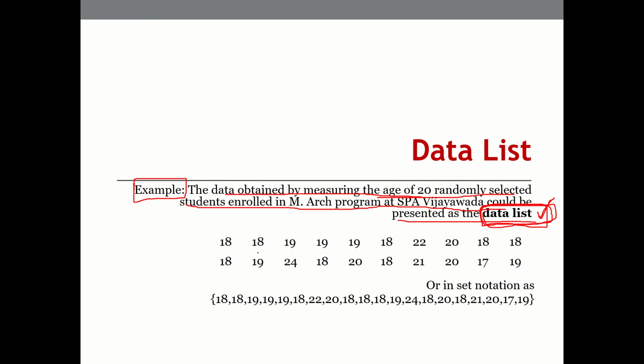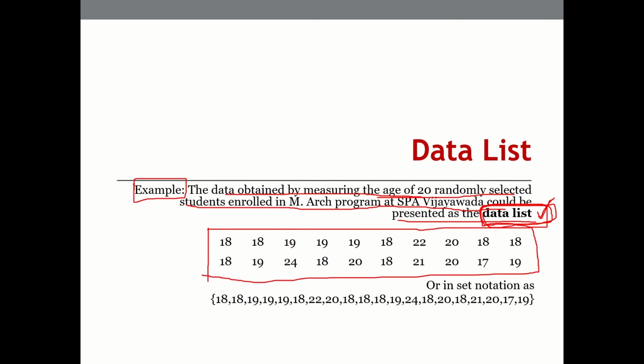So data listing is the sample that we have collected over a period of time. It can be put like this: we have 1, 2, 3, 4, 5, 6, 7, 8, 9, 10 columns and 2 rows. This is a very simple data set, so that's why we have it like this.